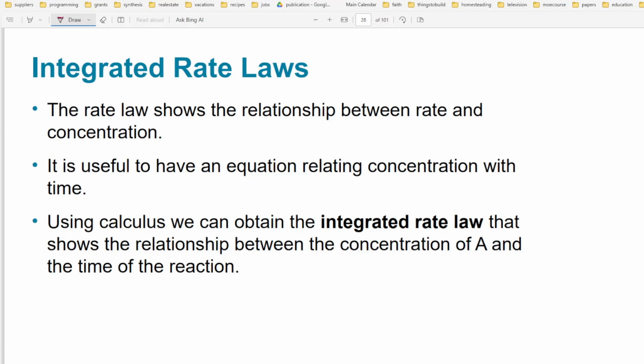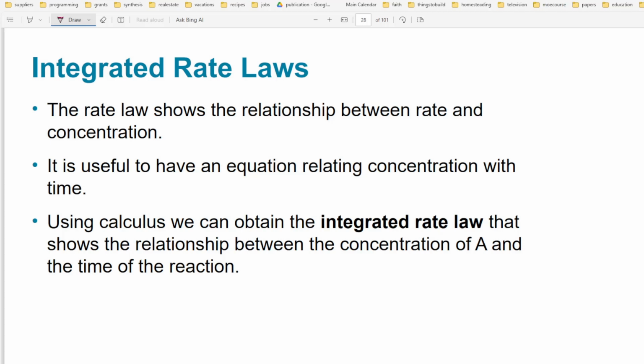The rate laws we've seen earlier demonstrate the relationship between rate and concentration. However, sometimes we need to relate rate to time. If we use calculus and integrate with respect to time, we can obtain the integrated rate law that shows the relationship between the concentration of A and the time of the reaction.